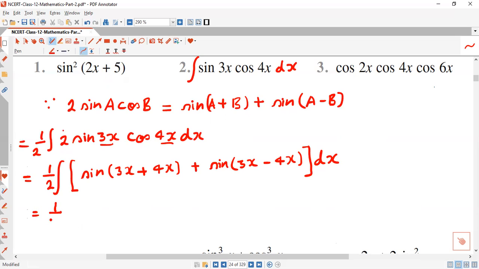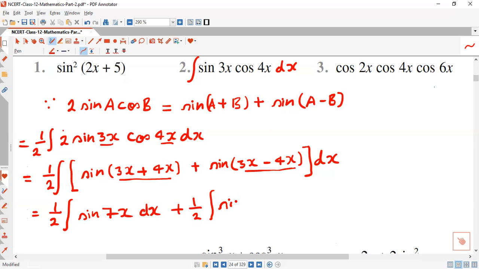Further we simplify: separate the terms, half integration of sine(3x plus 4x), adding these two terms we get sine 7x dx, plus half integration of sine(3x minus 4x), which comes out as sine(minus x) dx.